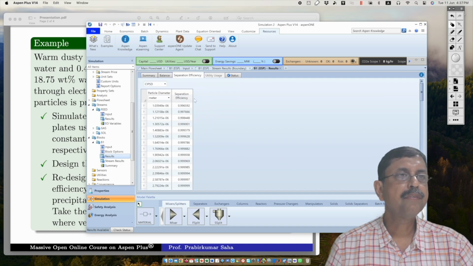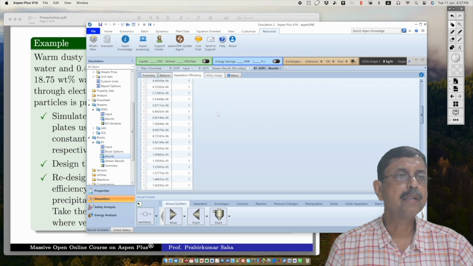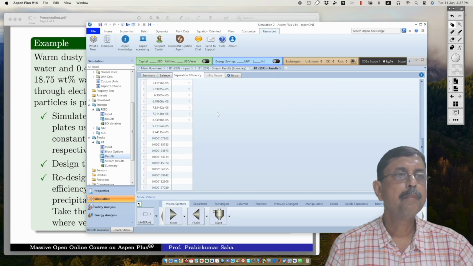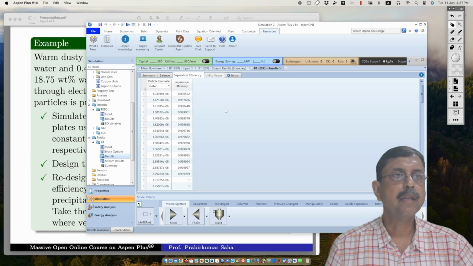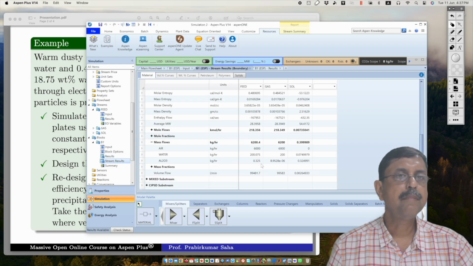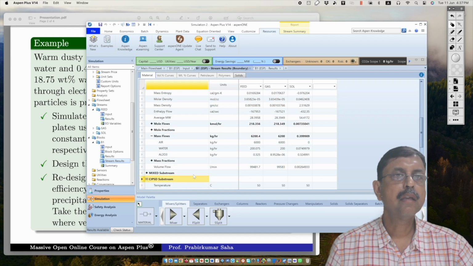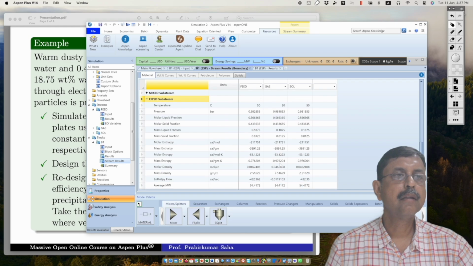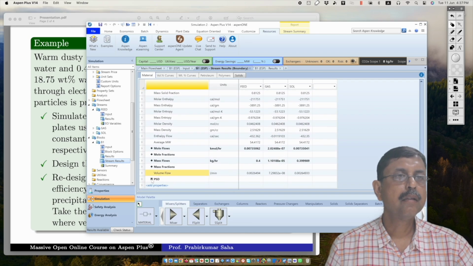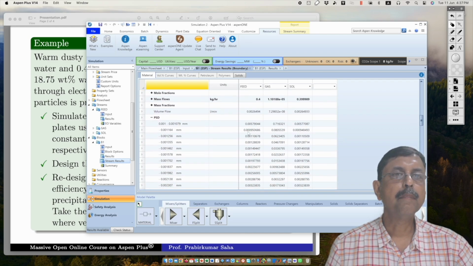And the separation efficiencies, you can check for different particle diameters what the separation efficiency is. Practically they are all 1 only. And in the stream results, if you want to see the particle size distribution, you will find that the particle size distribution of feed and solid are almost the same.